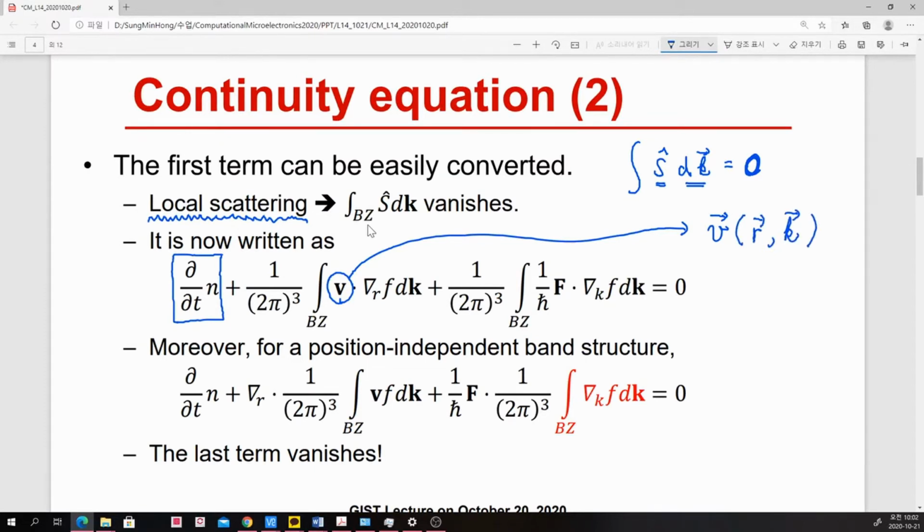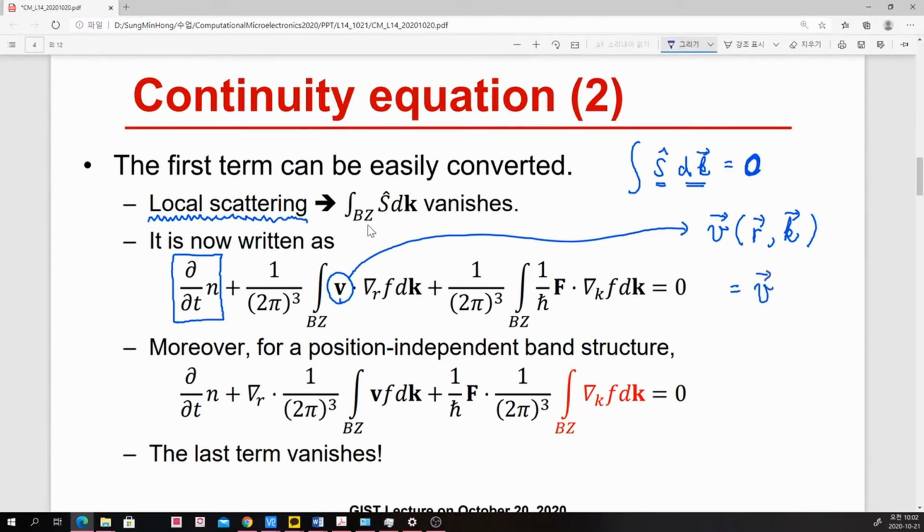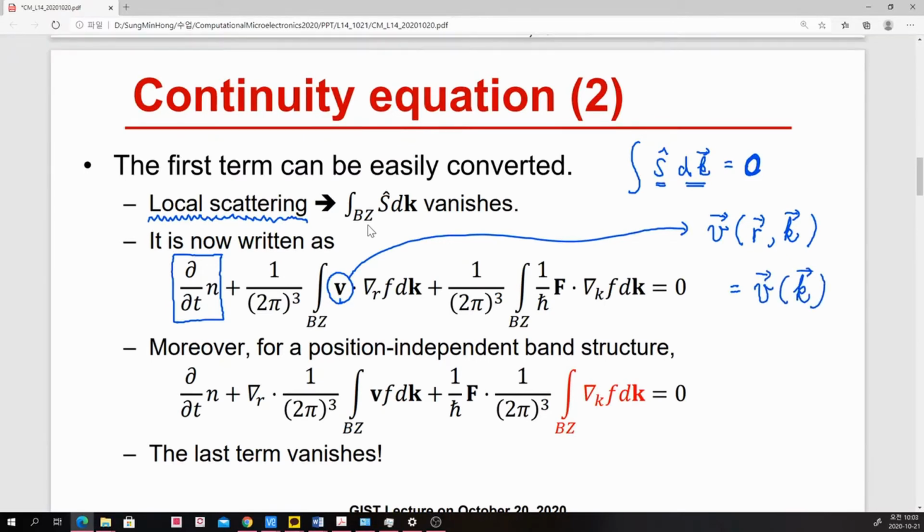However, in this position independent band structure, we assume that velocity is just a function of momentum. Think about a silicon device where everywhere we have just silicon. Then if we change the real space, the band structure will be the same. So when the momentum is given, then the velocity will be the same. So we can easily agree with this approximation.